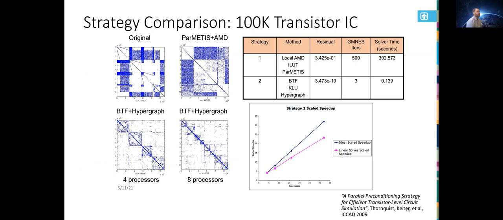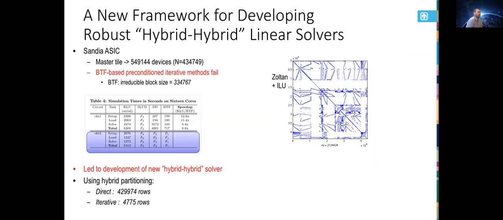What happened in the years following was that occasionally we would be given a circuit by Sandia designers that really didn't work with the BTF structure. We've done a little bit of looking into why some circuits have BTF structure and why some don't. Basically, it depends on whether the circuit has a sort of unidirectional flavor to it.